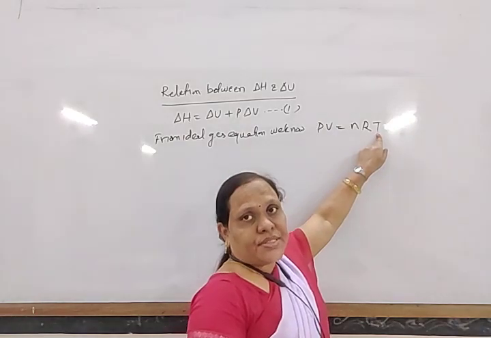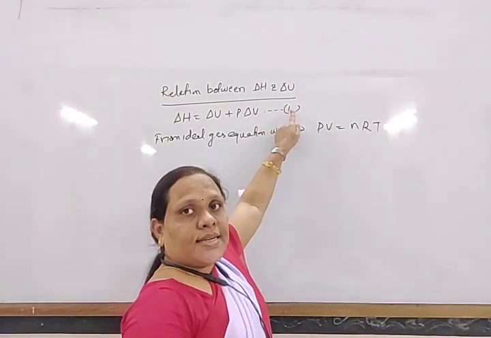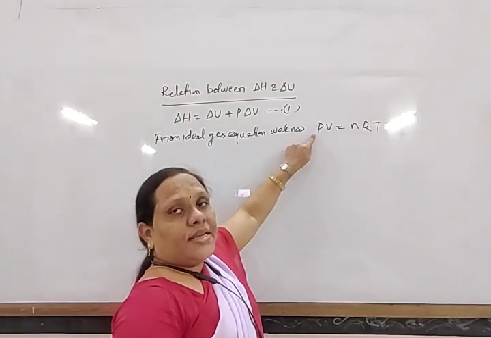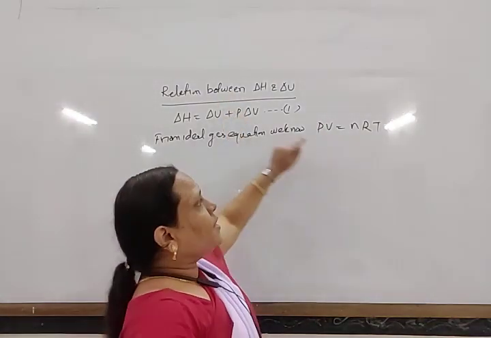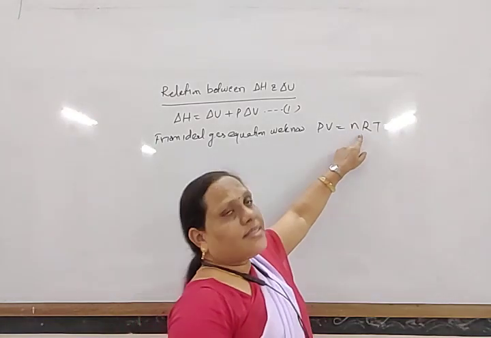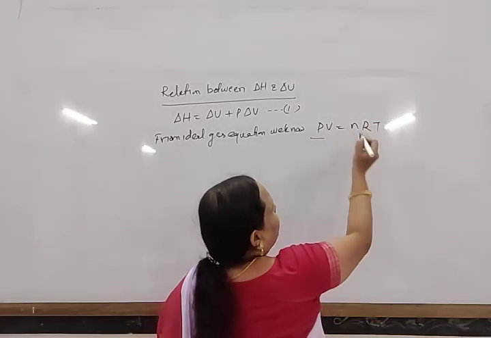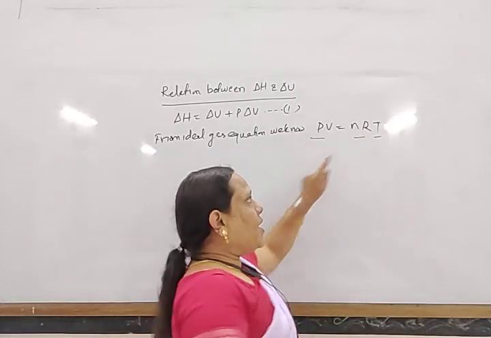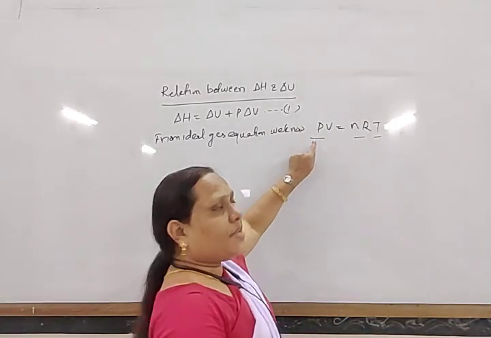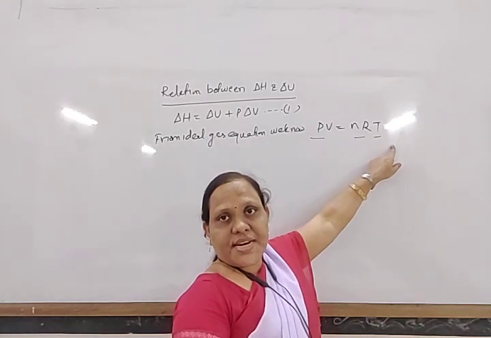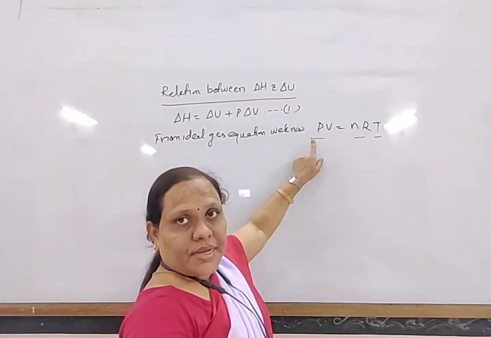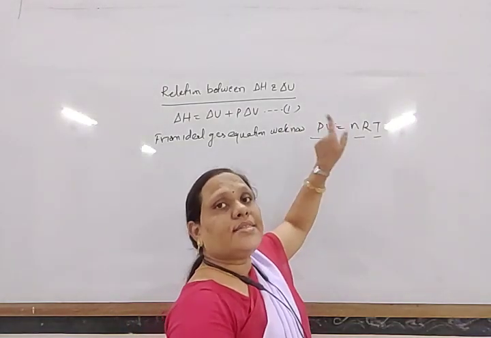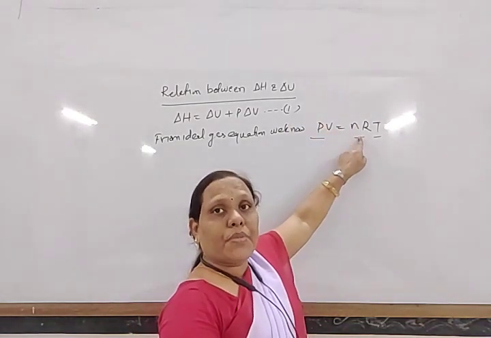The internal energy change is taken at constant temperature, and for the enthalpy change, P is constant and R is constant. As P is constant, R is constant, and T is constant, the volume change is directly related to the number of moles.